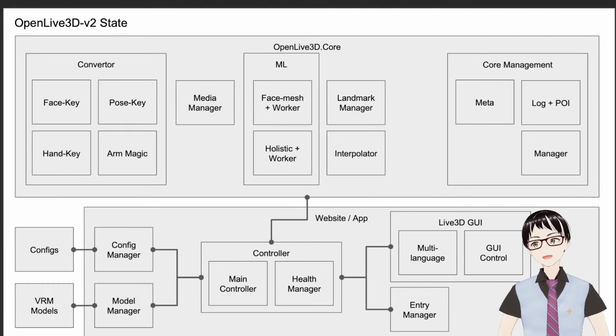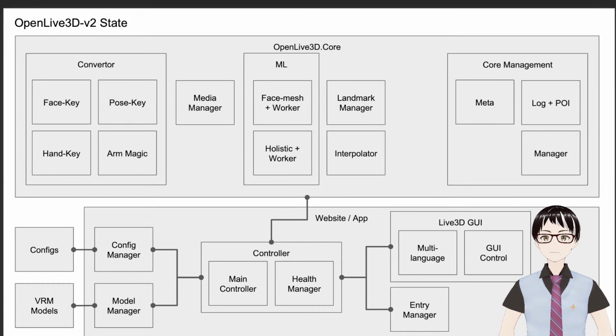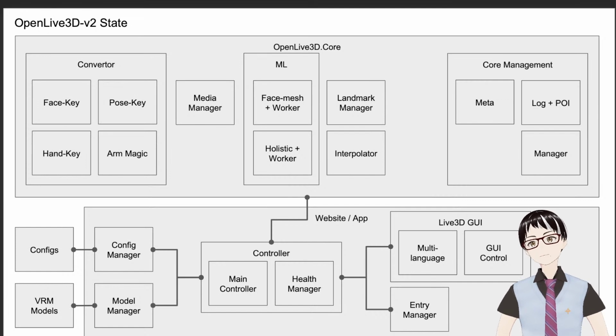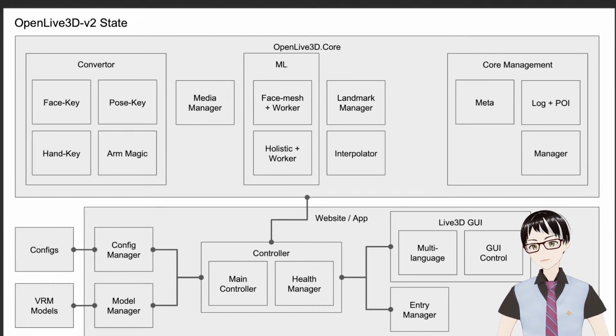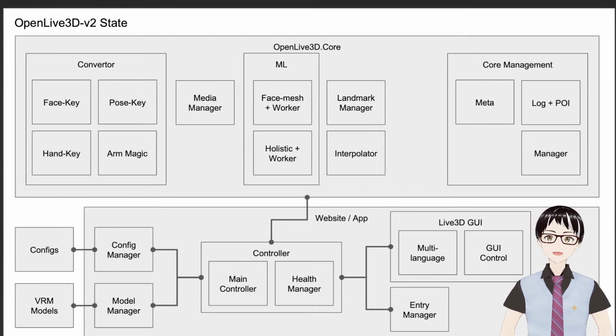Cool. So this is the architecture that I drew. Like I said yesterday, we were able to finish relatively early, 2.5 hours instead of the 6 hours that I thought I would need.